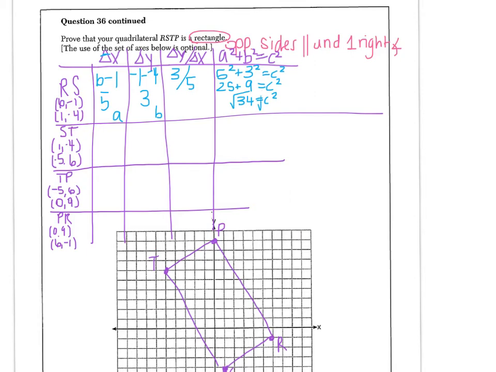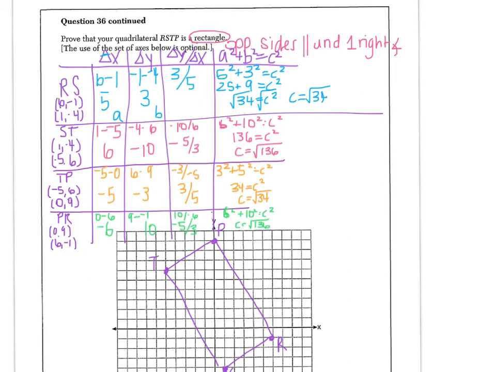Square root both sides. So you find c equals square root 34. So now you're going to follow through with that process for the next several parts of this proof. When you hit play again, so you're going to pause the video, when you hit play again, you'll see my answers up here to check with yours.